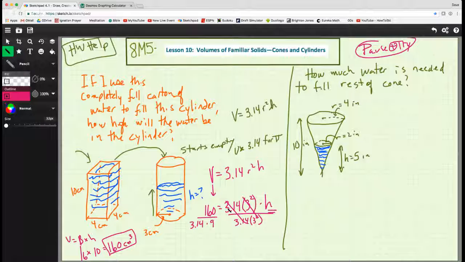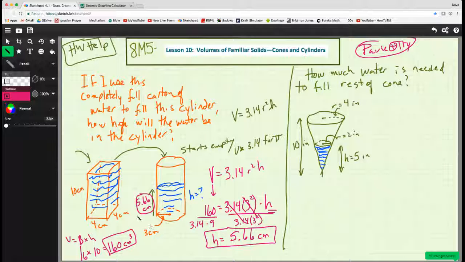And so we get our height is equal to about 5.66 centimeters.